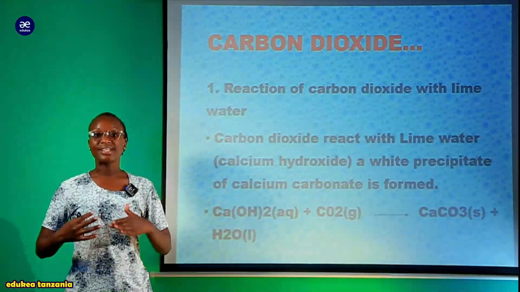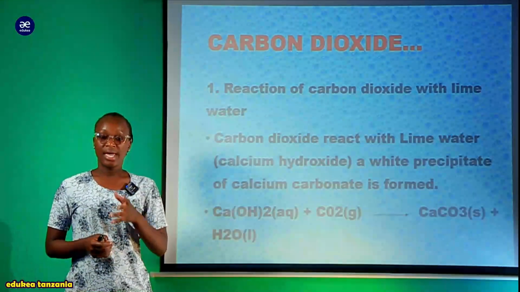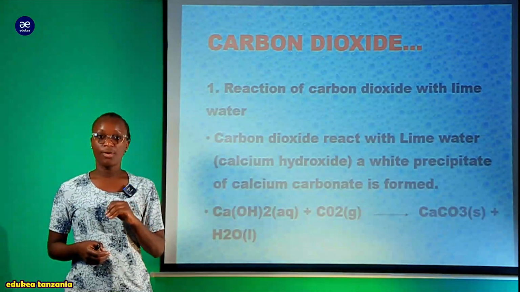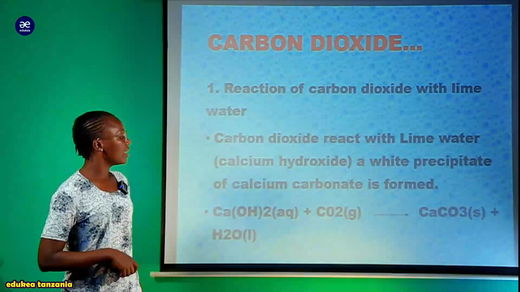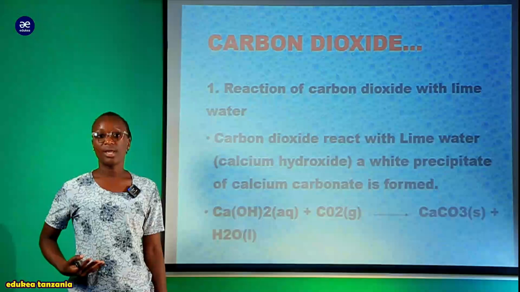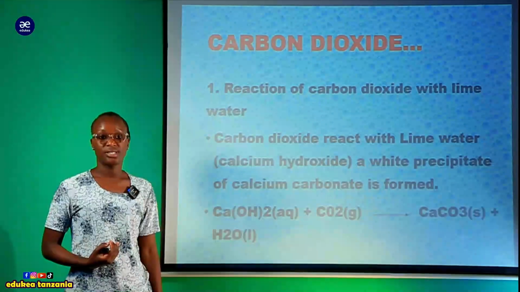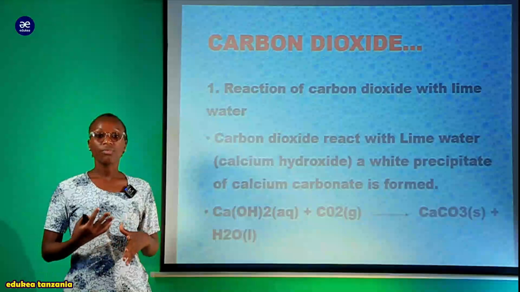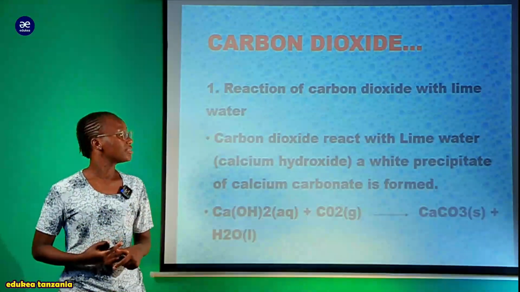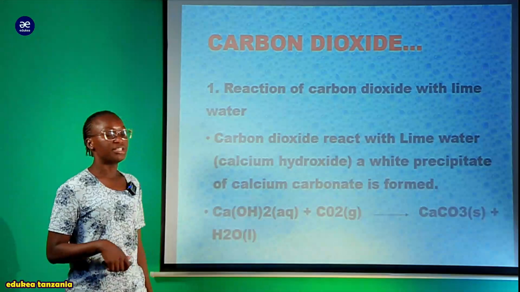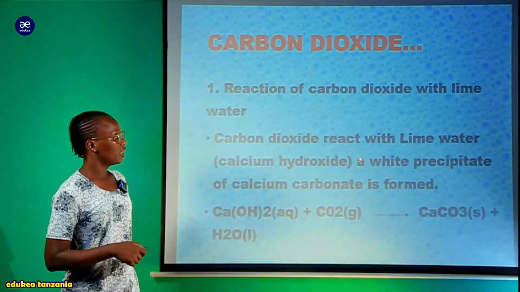We saw this as the main chemical test for carbon dioxide, but here we are looking at it in terms of chemical properties of carbon dioxide gas. So carbon dioxide reacts with lime water, which is calcium hydroxide.